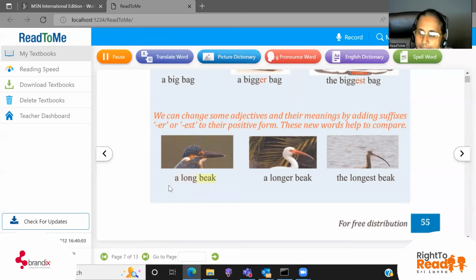A long beak, a longer beak, the longest beak. See the length of the beak. Here, the kingfisher has a long beak. Then how do you compare this with this? A long beak, a longer beak, the longest beak.